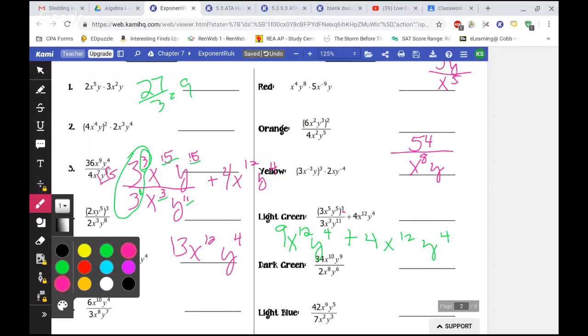So once again, this is like having one thing because it actually matches. The variables match and the exponents match. So you're going to add the 9. I've got 9 pieces of candy. I'm adding 4 to it. So 13 x to the 12th, y to the 4th.